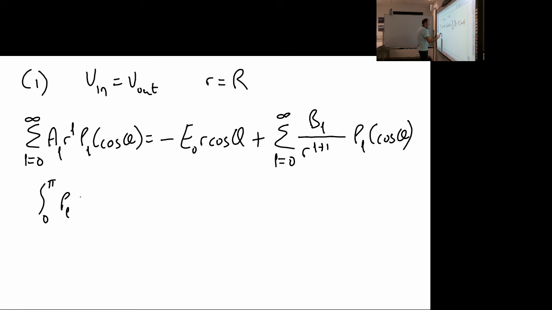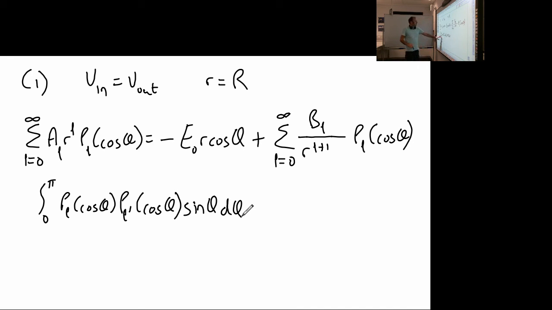So we'd have P L of cos theta, P L prime of cos theta, sine theta d theta, and whenever L does not equal L prime, the answer is going to be 0. Okay, so it's going to equal 0 for L not equal to L prime.